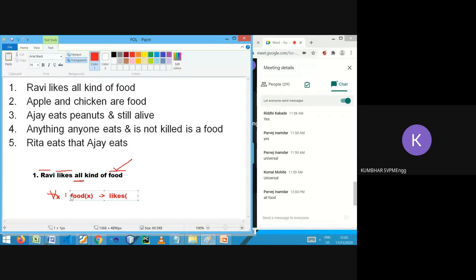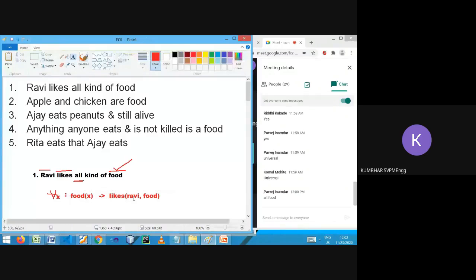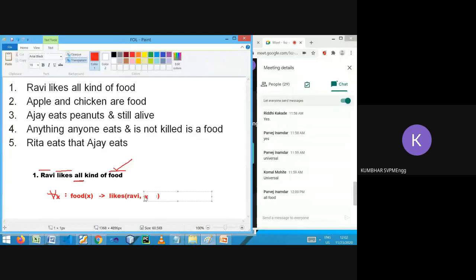Who will like and what will be liked, that order you have to maintain. Ravi likes what? Food. So like this we can write the statement. Here we are using the variable, so food will be represented using that variable x, because the all quantifier uses x. So this will be the answer.